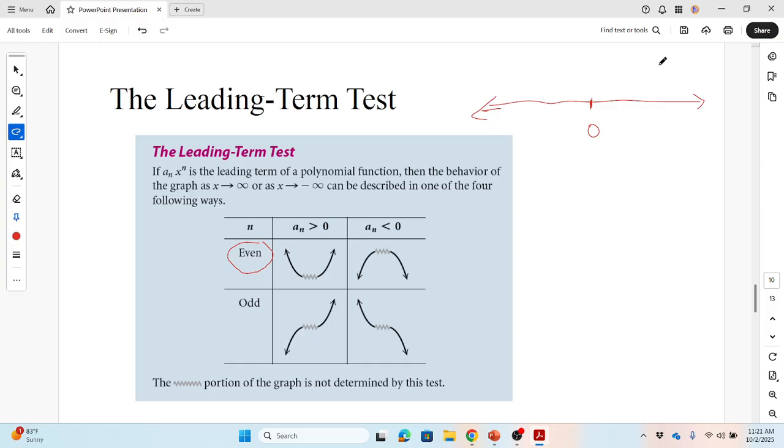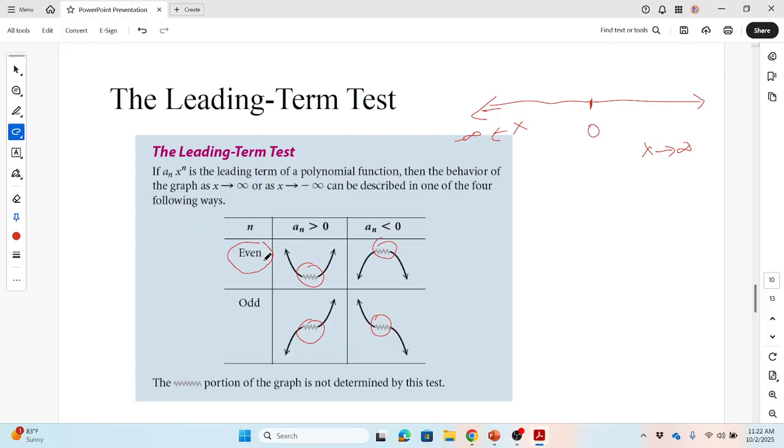That's called end behavior. In the middle, in the finite zone, we don't care, this part we don't know. But towards the end, to the extreme right or extreme left, when x is very, very high or very, very low, the graph is supposed to follow this pattern.